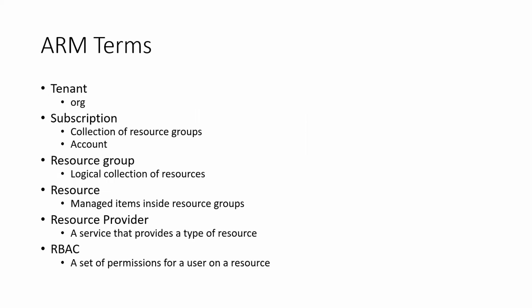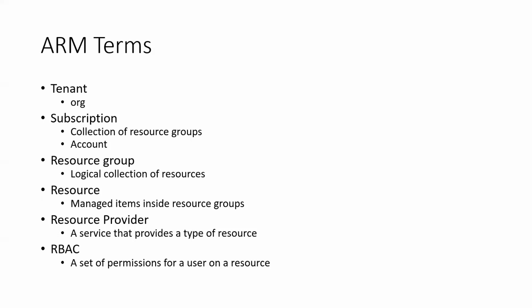Some of the terms in Azure Resource Manager: there's the tenant, which is the overall organization, which is your organization. Then there's a subscription, which is kind of how it's monetized with an account, and each one of those accounts is a collection of resource groups, and that's where the resources are stored. So a tenant could have multiple subscriptions, multiple resource groups under different accounts, different payment.